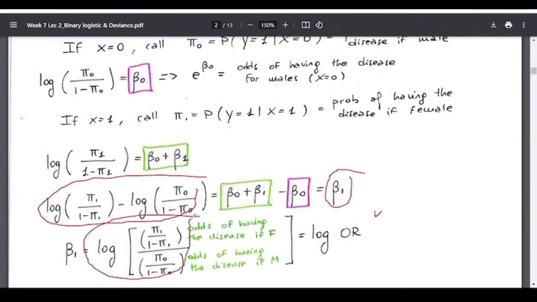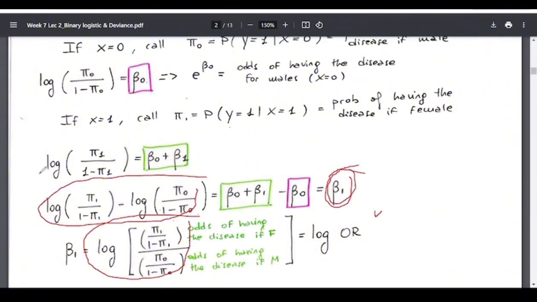Do you agree with me? The log A minus log B is log A over B. And that is going to be the log of 2 different odds ratios, the one for male and the one for female. What do we say we got the other time? We only got beta 1.